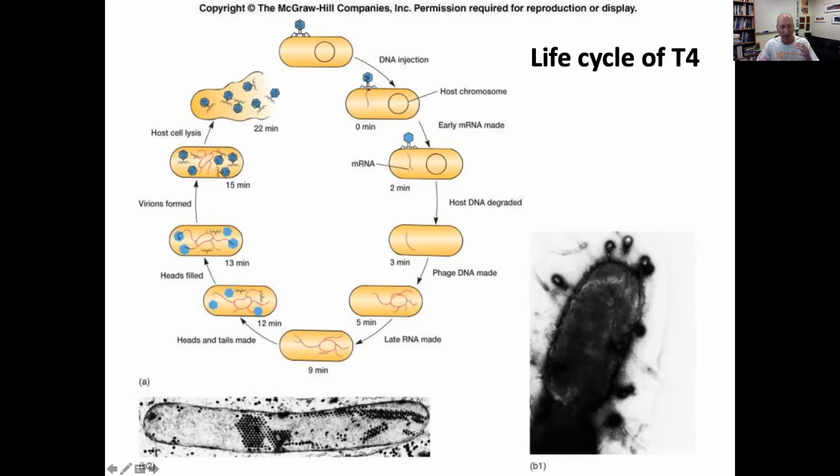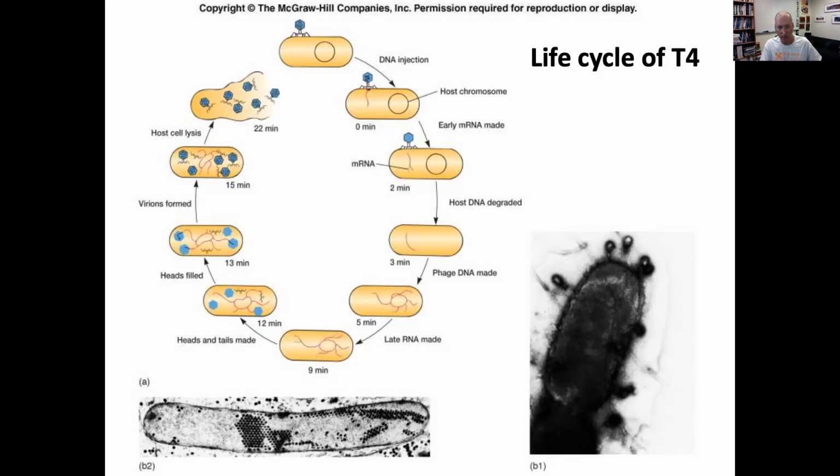In fact, they aggregate into regular, almost crystalline structures inside this host cell. There's so many of them being made. So hundreds at least of new phage particles are being made that are then going to be released when the host cell breaks open.